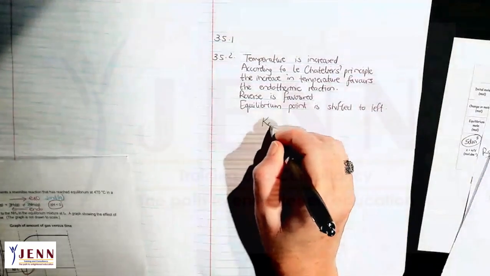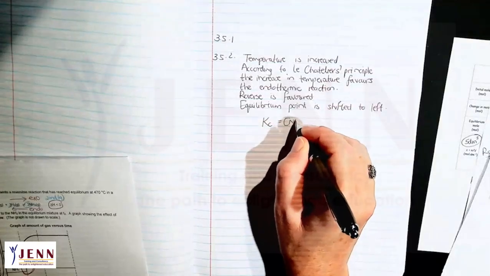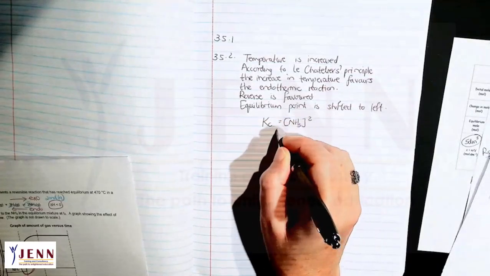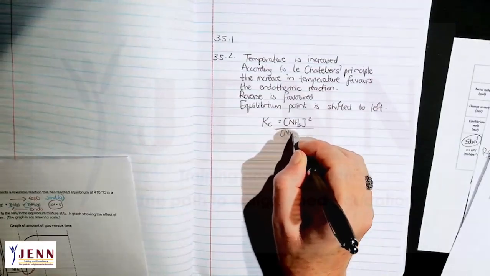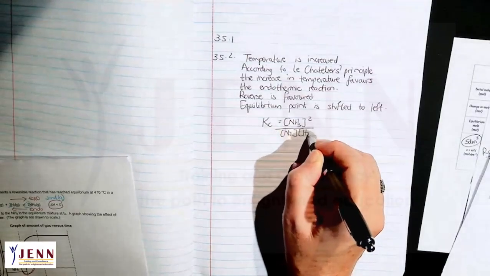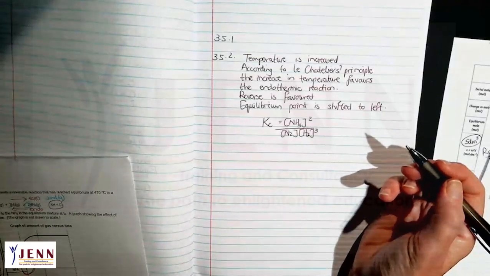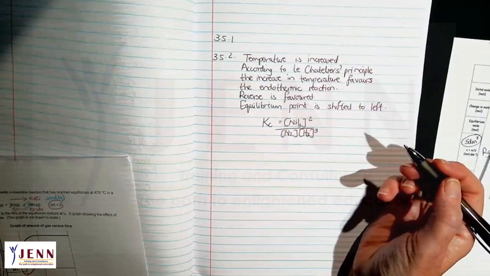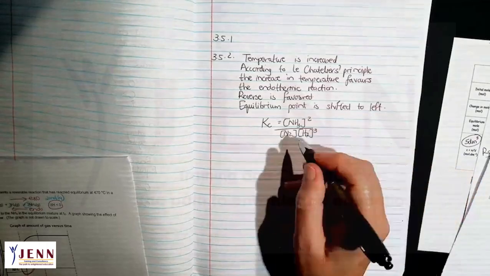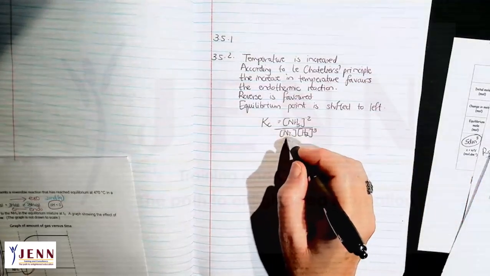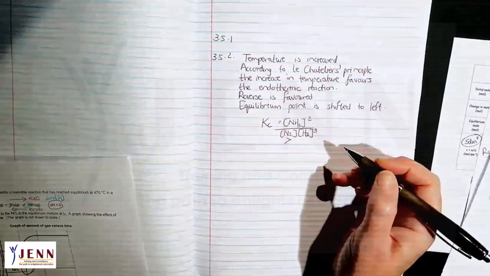So now I must look at Kc. Kc is NH3 squared divided by N2 times H2 to the power of 3. If I shift to the left, that means the N2 will become bigger, more.